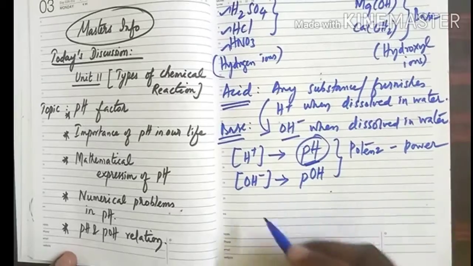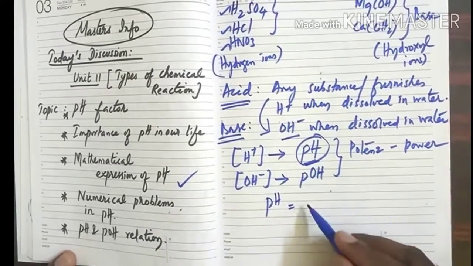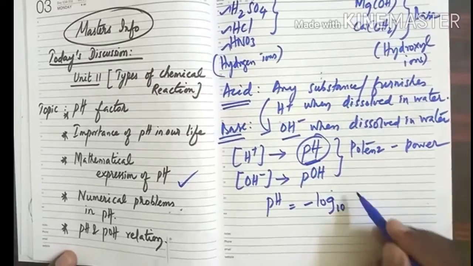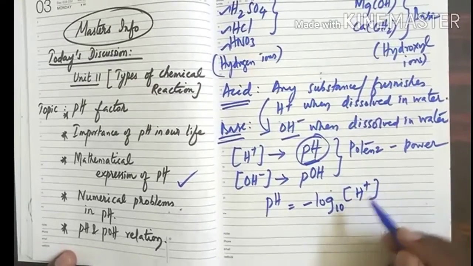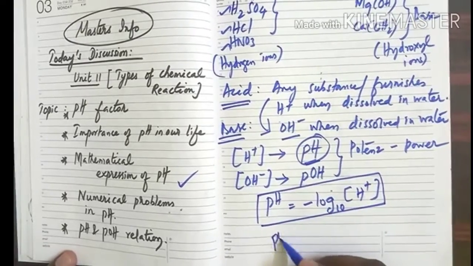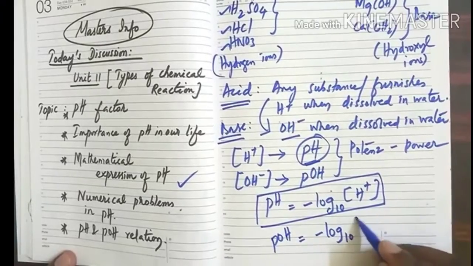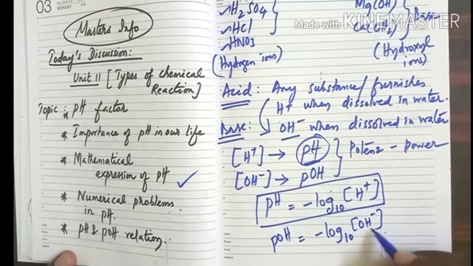Before that, how is pH expressed mathematically? It is the negative logarithm of hydrogen ion concentration. How can we write pOH? pOH is written as the negative logarithm of OH minus ion concentration.